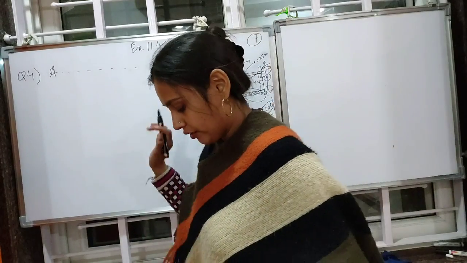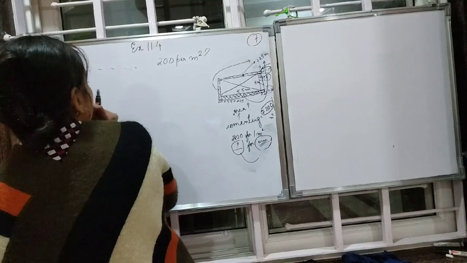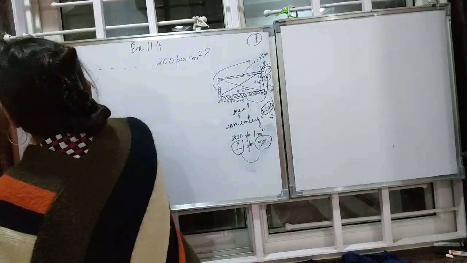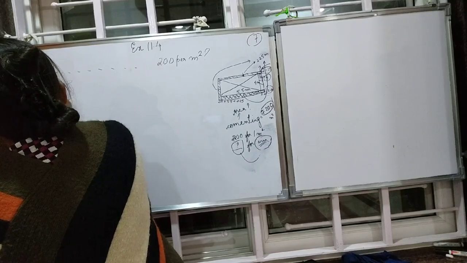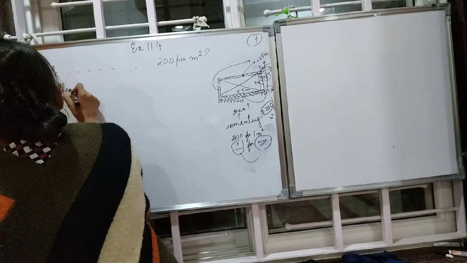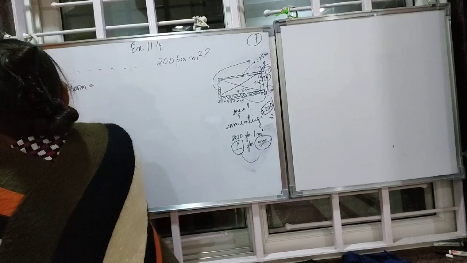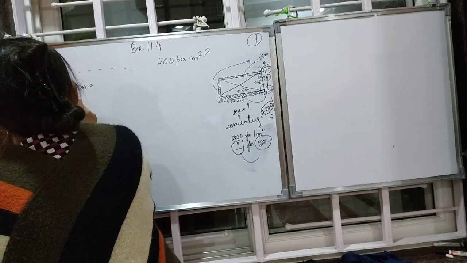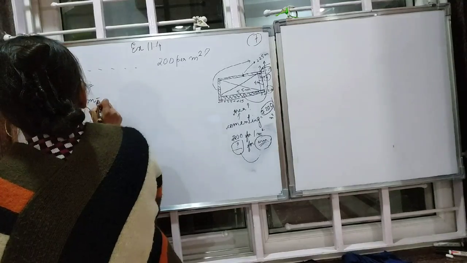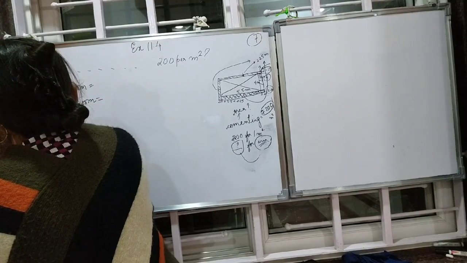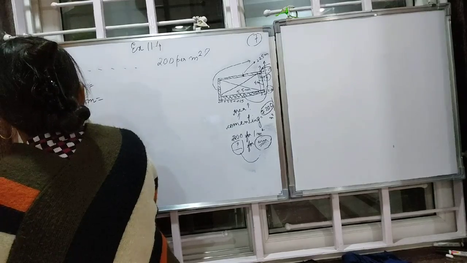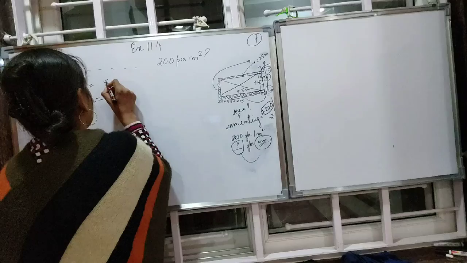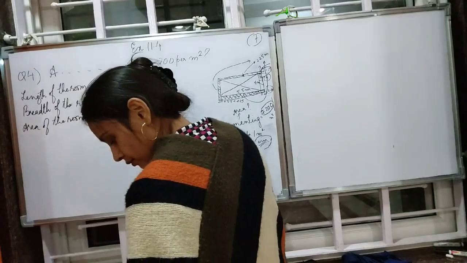Let's do what we have to write. So we have to write the length and breadth of the room and then find the area of the room. So what is the length of the room, children? 5.5 meters.